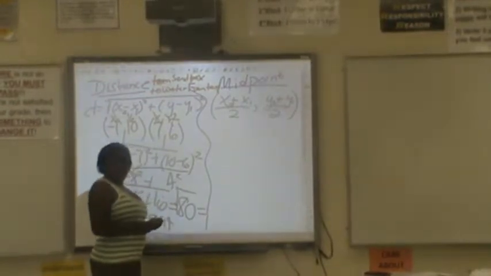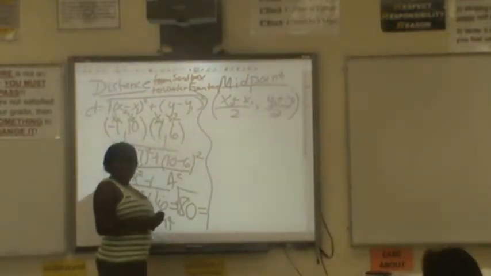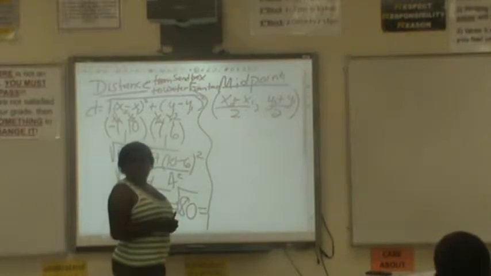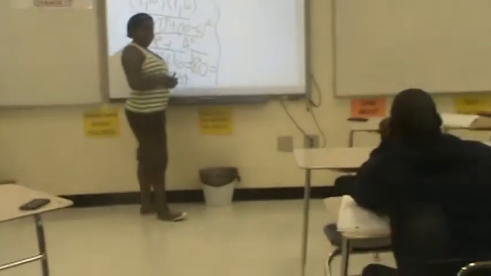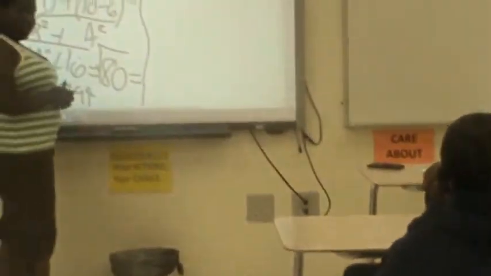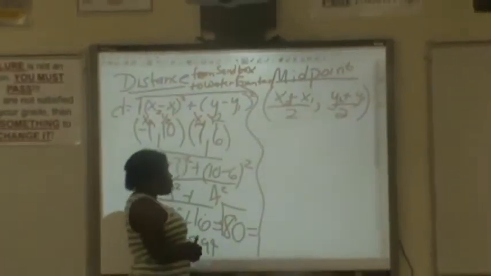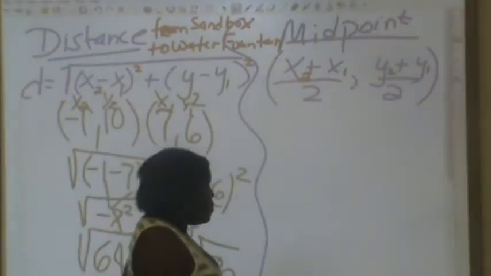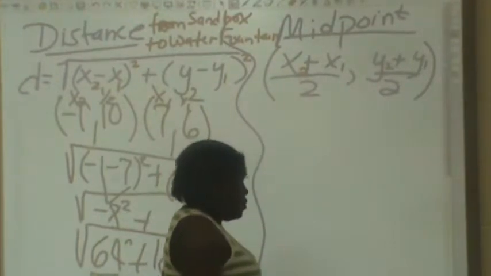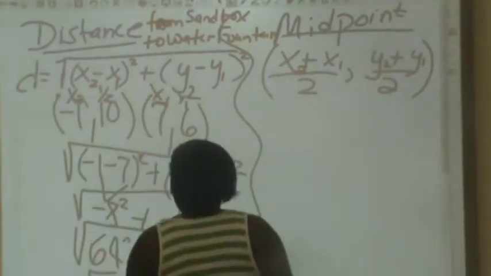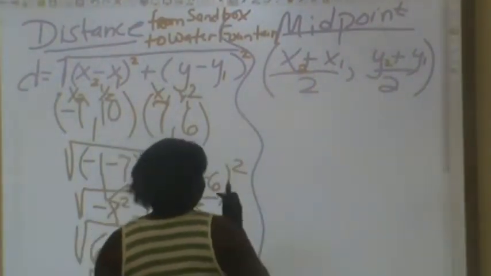Can I get one person? Does anyone know? Samuetta, when you hear the word midpoint, what does that mean to you? Yes, correct. She said the middle point. So this is going to be the point in between the fountain and the sandbox. So go ahead and write your coordinates, the same coordinates that Jurian wrote, and find the middle point, or the midpoint.